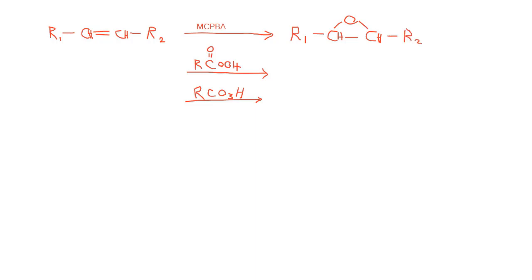And I'll show you how to deal with the stereochemistry of the epoxides in just a second. But I want to show you the other method as well. The other method would be if you take an alkene and you do a two-step process.